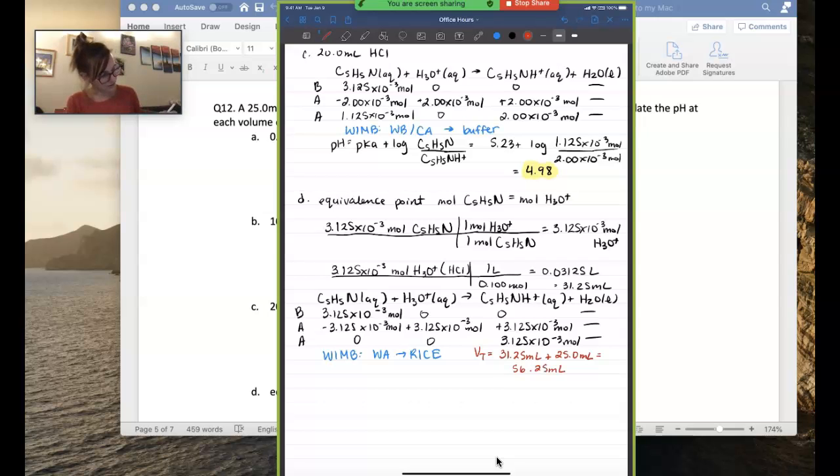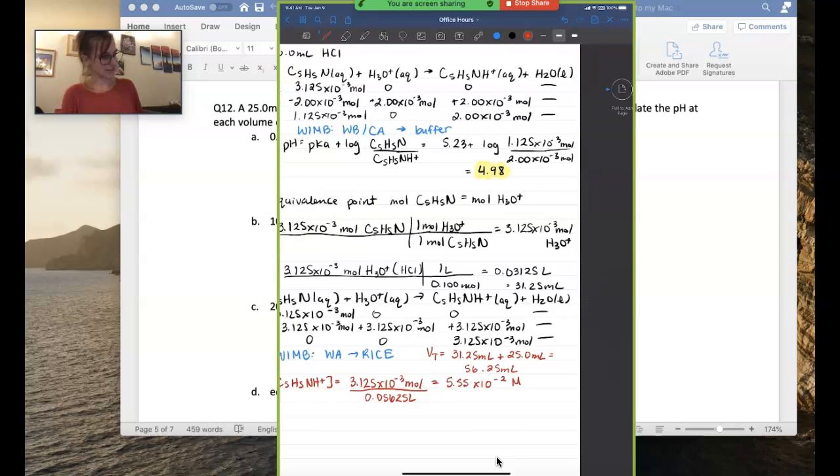And so our new concentration of our conjugate acid would be 3.125 times 10 to the negative third moles over 0.05625 liters. And so you should get 5.555 repeating times 10 to the negative second molar. That's what we're going to use for our initial concentration in our rice table. So I'll move on to the next page for that.